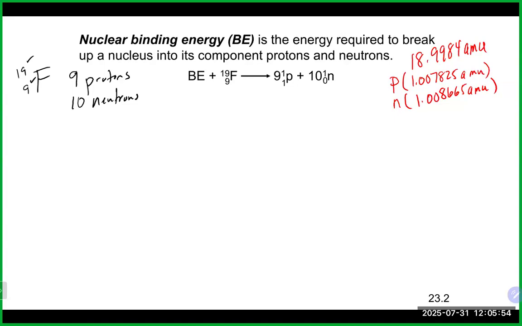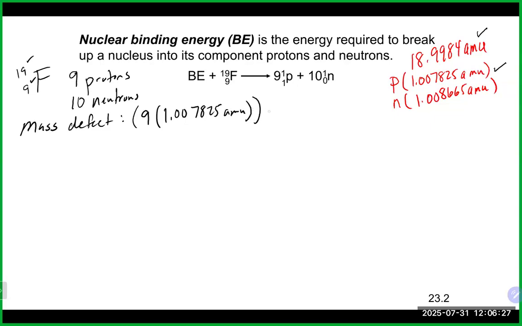In this particular case, fluorine 19 has an atomic mass of 18.9984 AMU. So the first thing I'm going to calculate is the mass defect, the difference in the mass of those protons and neutrons and the mass of the isotope. So I'm going to take my 9 protons and multiply by the atomic mass of a proton, 1.007825 AMU.